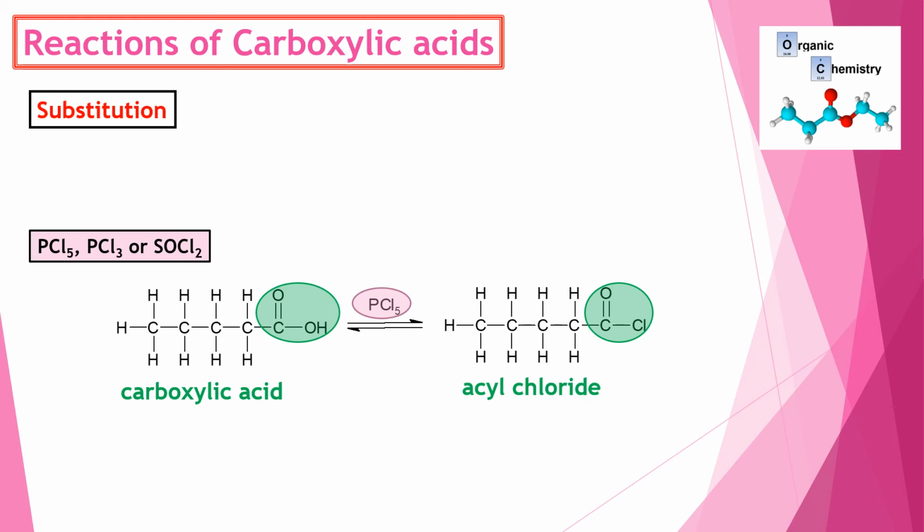The reason we would do this is if we substitute a chlorine in place of the hydroxyl group, it makes an acid chloride that is incredibly reactive, and this acid chloride can go and react with more molecules than a carboxylic acid would. So we're making a more reactive molecule that we can use in further reactions.